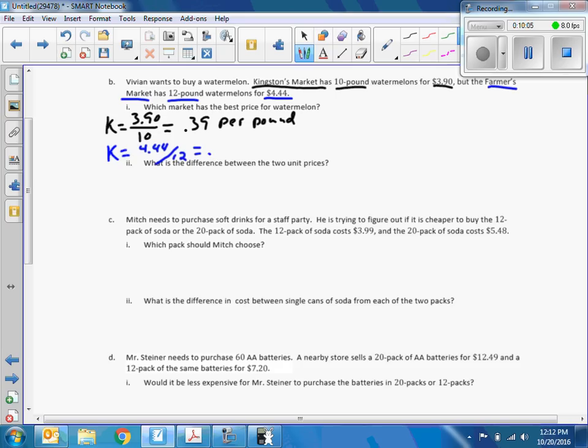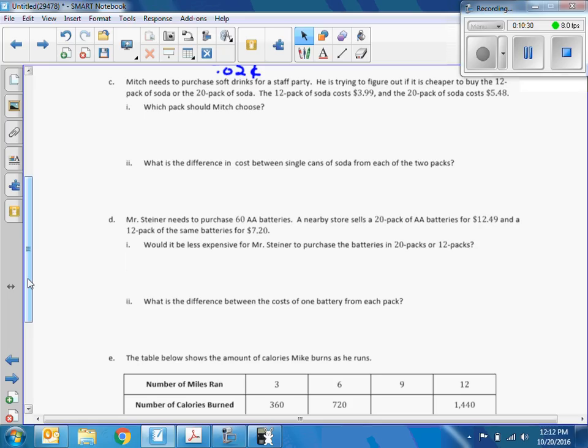So that is going to be 37 cents per pound. Which market has the best price? The answer is Farmer's Market. What is the difference in the two unit prices? 0.39 minus 0.37 is 0.02, so 2 cents a pound.